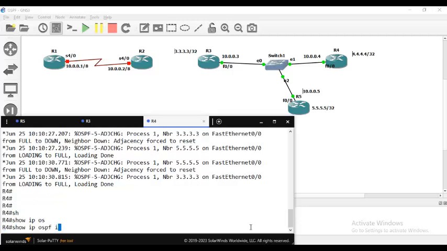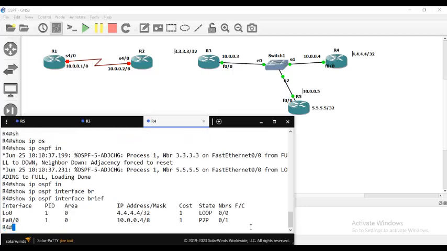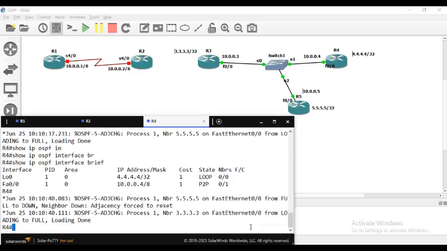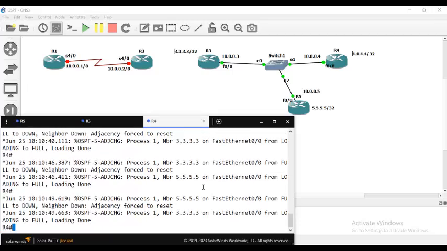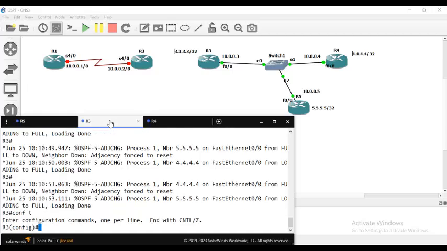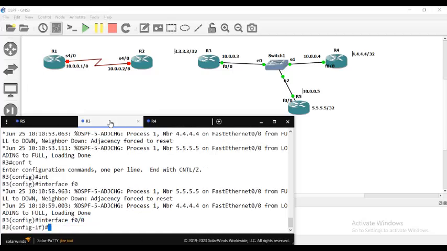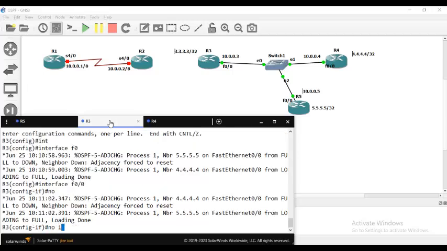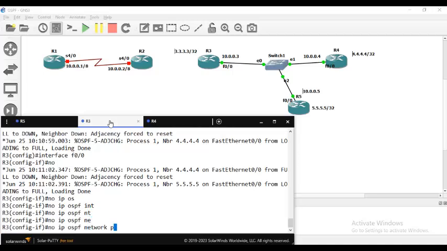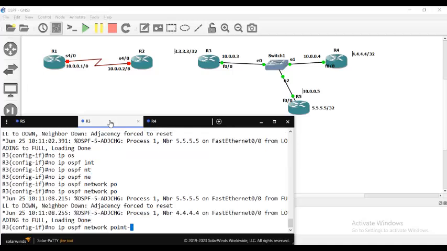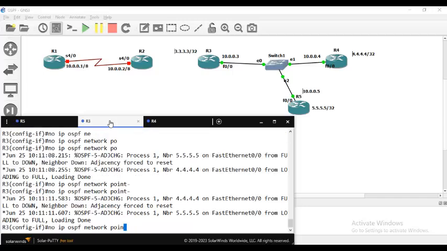Okay, the reason why it is flapping is that in the previous class we configured point to point. But is this real point to point? No, it's multipoint. That is why. So let us go to router 3 and remove what we configured. On the interface, I say no IP OSPF network type point-to-point. Okay, I simply cancel this. It will remove whatever was configured.